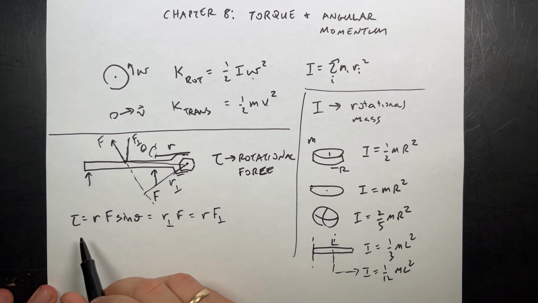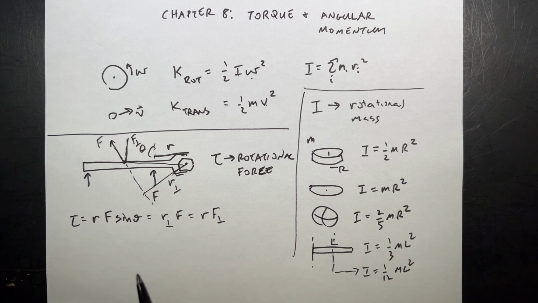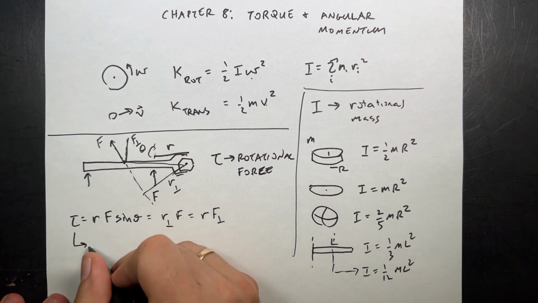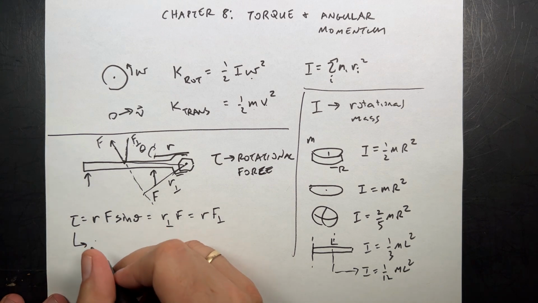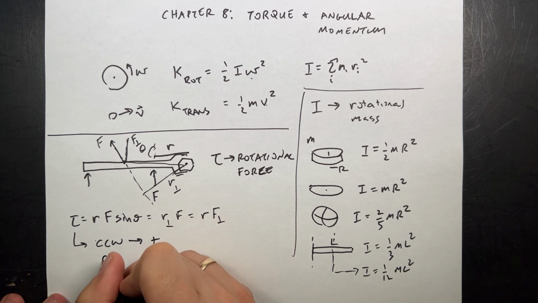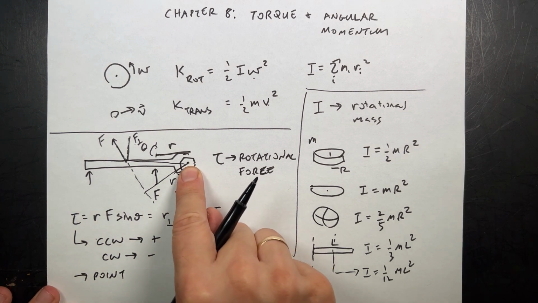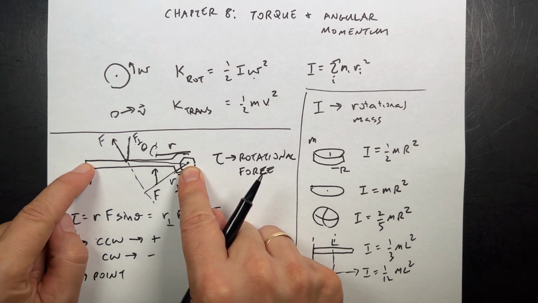So those are all the same equations for torque. Now, torque is actually a vector, but this book doesn't do that because it's really complicated. So we do need to take into account sign. Normally, I think they say counterclockwise is going to be positive. Clockwise is going to be negative. Because if you have more than one torque, you have to add them up. And then one other thing, point matters. If I calculate the torque about this point and I calculate the torque about this point, they're different.